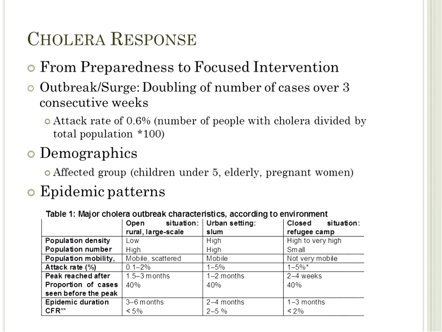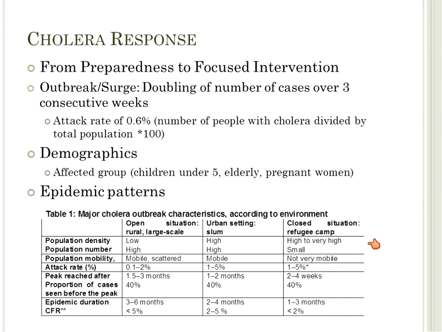You want to think about vulnerable patients, mainly children under 5, the elderly, and pregnant women, and focus your interventions on those individuals. Then look at epidemic patterns, based on your location and the population that you're treating. So I'm going to start with the last column, a closed situation, a refugee camp. The population density in this area can be high.